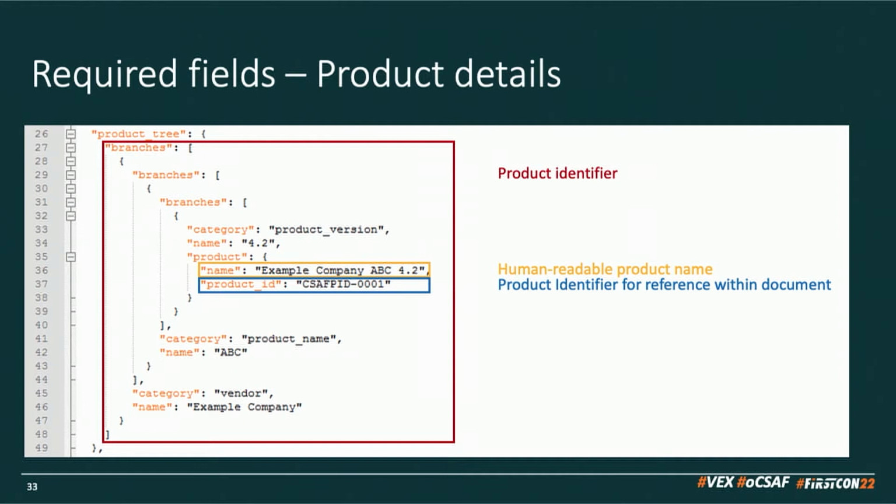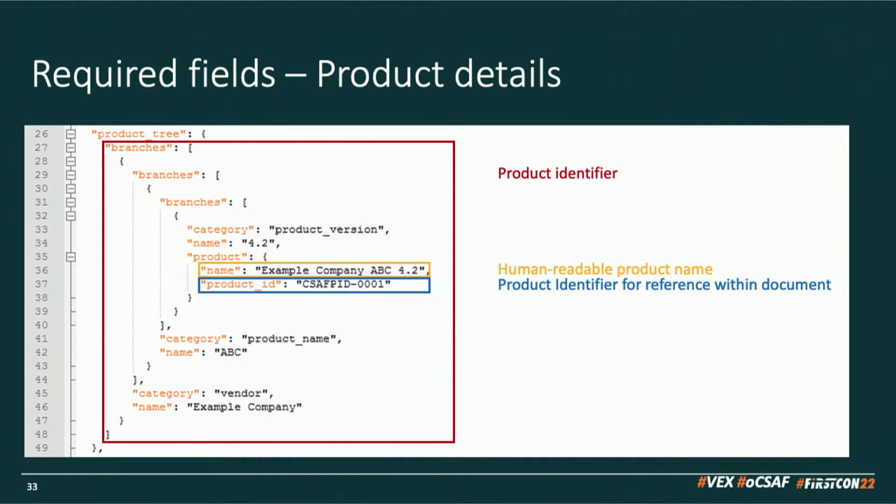A product tree might seem a little bit difficult when you see it the first time, but it's actually pretty easy. A product tree specifies every product that is used later on in the document. That's really to help with matching, since then you only have to take the product tree object, match on that on your asset database or on your SBOM database, and then whatever you get back, you can link it back to the advisory.